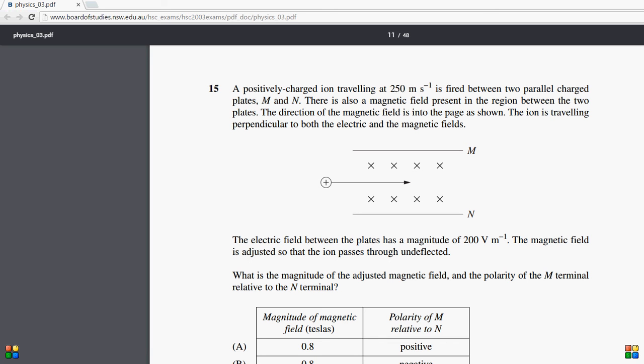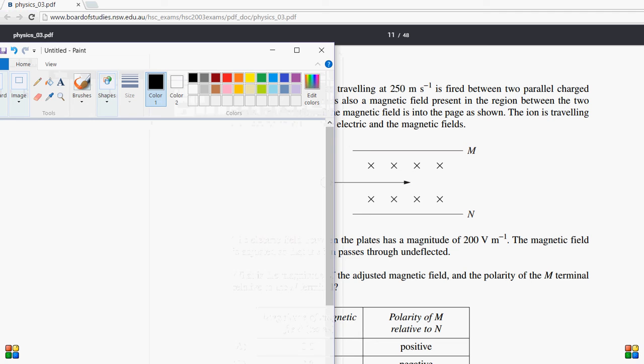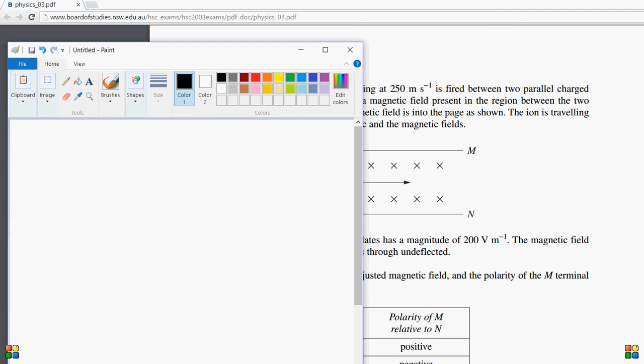Now how do we figure out the magnitude? Well, recall that F is equal to charge times the potential difference between the plates, and that's for an electric field, and F is equal to QvB. This is for a magnetic field. So we can equate them.